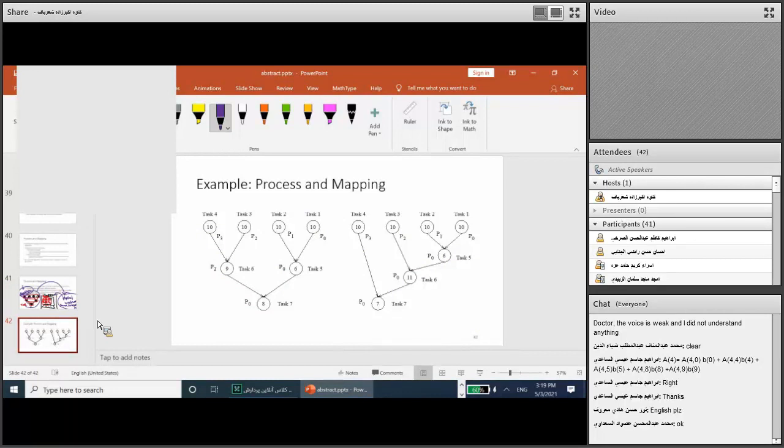This is called mapping. Process means a physical device used to compute a task: a processor, even a computer.